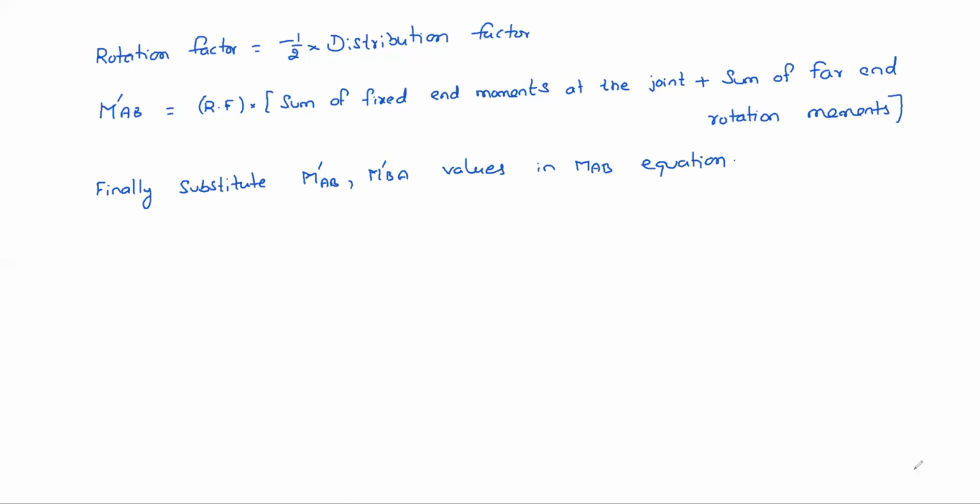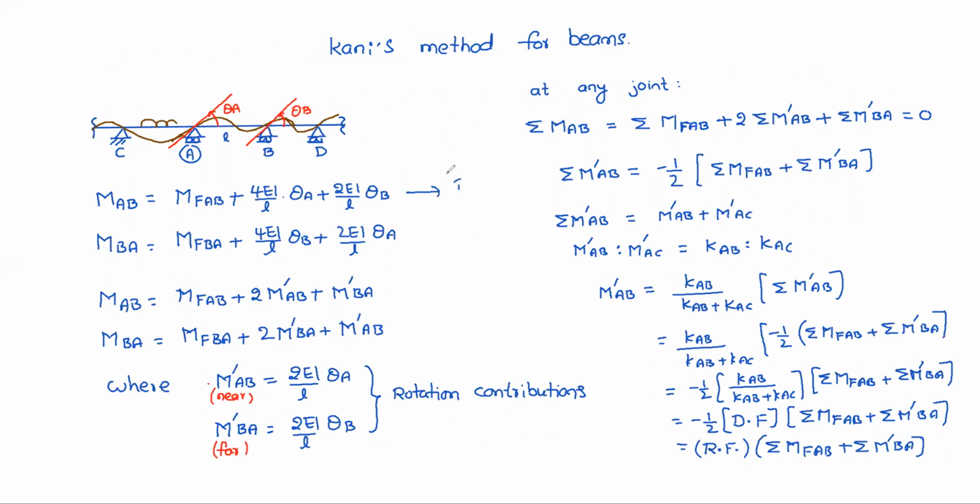You know what is the MAB equation? So this is the MAB equation, equation number 1. MAB is what? MFAB, that is fixed moment, plus 2 times of M dash AB plus M dash BA. So if you know these M dash AB and M dash BA values, just by substituting in equation number 1, you will get MAB. This is the logic behind Kani's method.